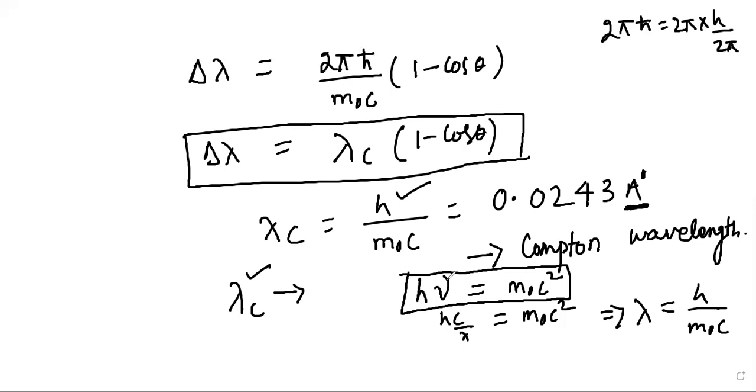The Compton wavelength of the electron you can get by just equating the energy of the incident photon with the rest energy of the electron. So that gives you the value. Finally, we got our del lambda, the Compton shift, given by lambda c, which is h by m0 c, and 1 minus cos theta, right?